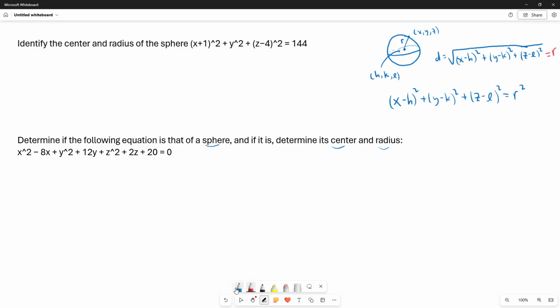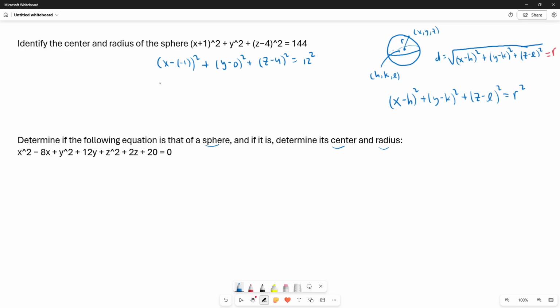So this equation that we're given here, put it in this form. (x + 1)² is the same as (x − (−1))², and y² is the same as (y − 0)², and then (z − 4)² we can leave alone, and 144 is 12². So we're just matching that equation up with the general equation for the sphere.